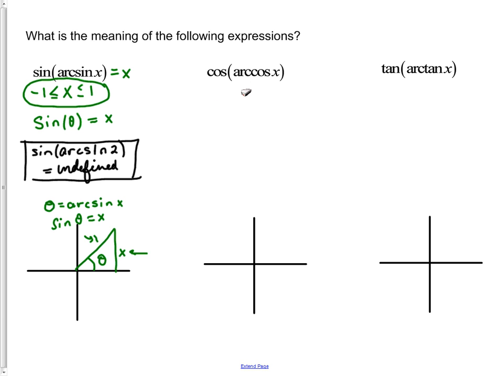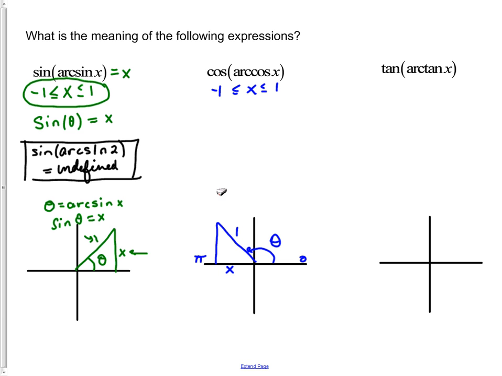All right, cosine of the arc cosine of x. Same deal. As long as x is a value between -1 and +1, then there is some angle theta. I'm going to put it over here in the second quadrant, right, because arc cosine gives angles in the first and second quadrants, between 0 and pi. So let's say I pick some angle theta over here. Well, this is the kind of angle theta for which the ratio of adjacent to hypotenuse is x, right?